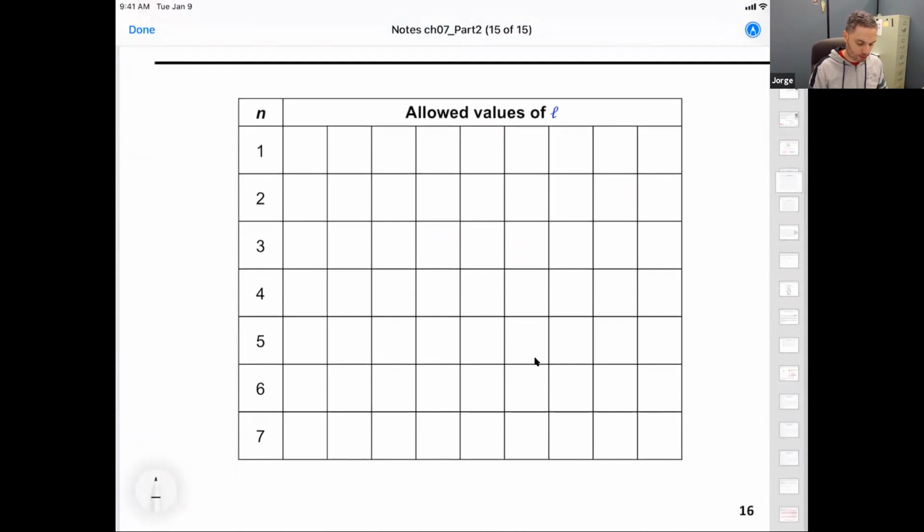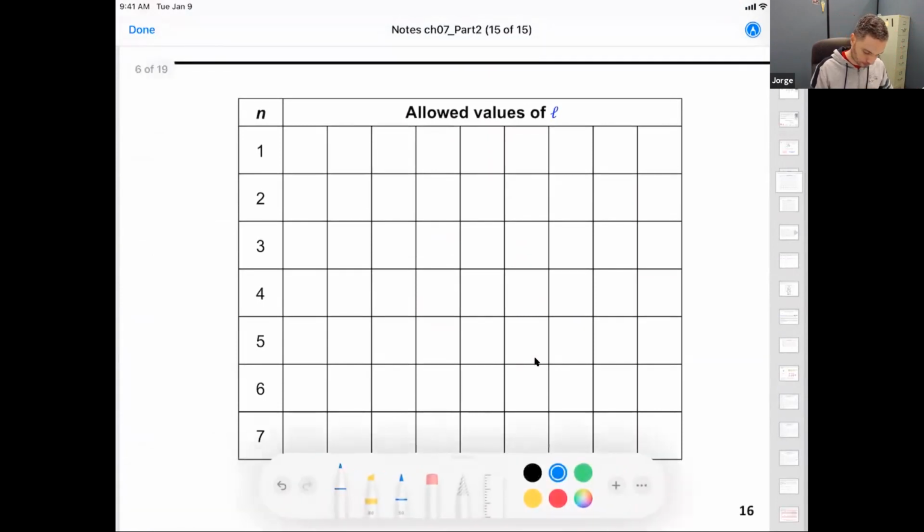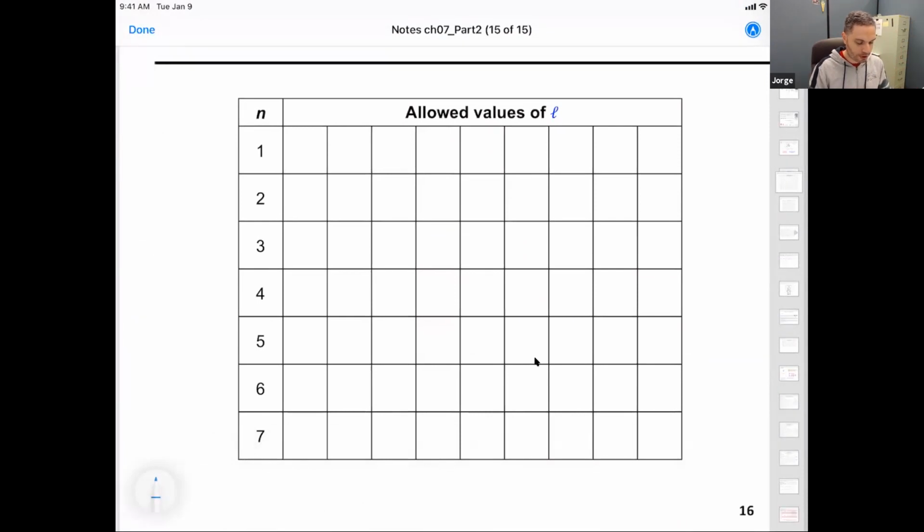So now I would like to build a table with some possible values of n, or the number of the shells, and what are the allowed values of L. For n equals 1, the only possible value for L is 0, because n minus 1 is 0, and L has to start from 0 and go all the way to n minus 1.